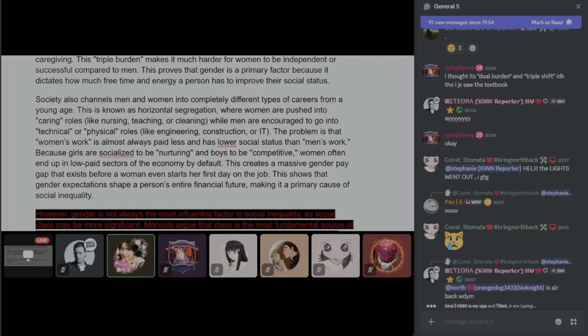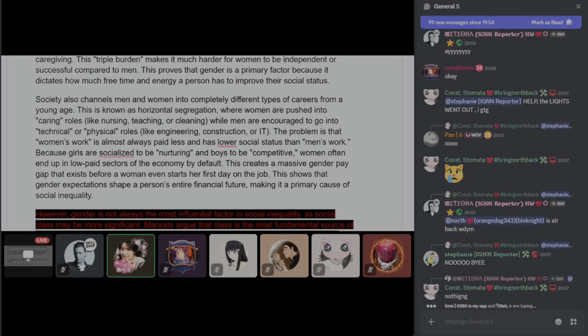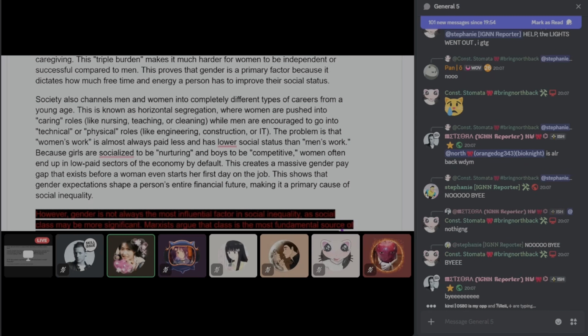Because girls are socialized to be nurturing and boys to be competitive, women often end up in low paid sectors of the economy by default. This creates a massive gender pay gap that exists before a woman even starts her first day on the job. This shows that gender expectations shape a person's entire financial future, making it a primary cause of social inequality.